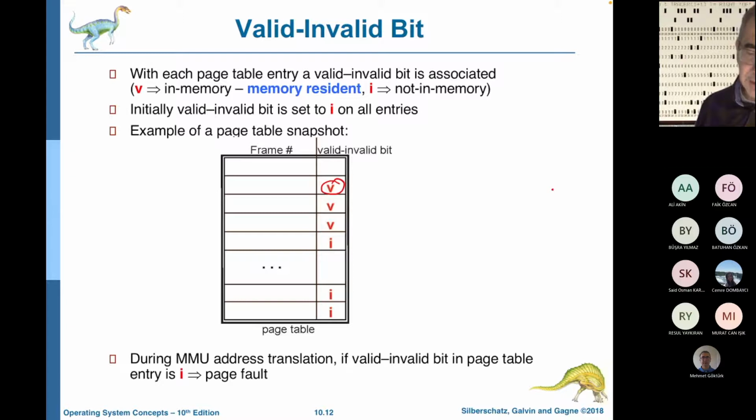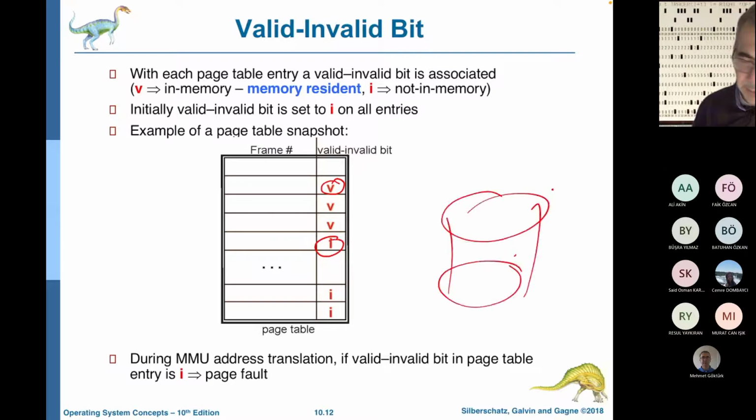If the page is not in memory, we have an invalid bit in the page table. So that means if that page is required, you need to get it from the hard drive and make it valid after the copying. So that is one of the steps of paging.